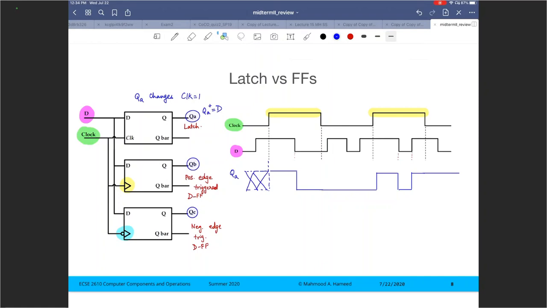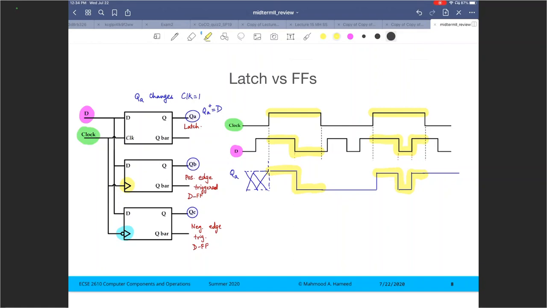Right. So during these times, it is exactly high, low, high, low, high, low, high, low. It follows D during those times. So that's the latch behavior.